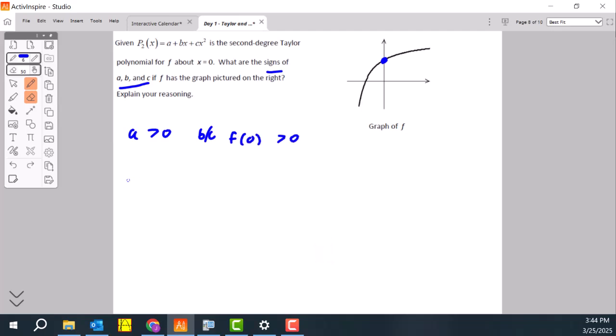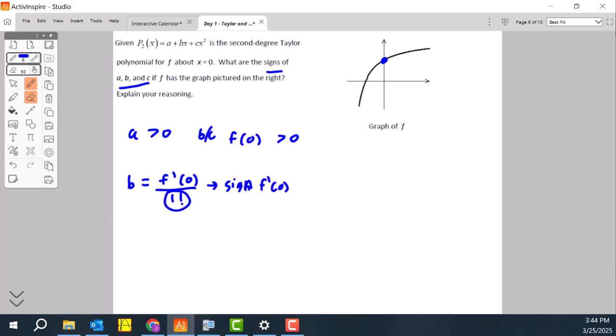All right, well, what about B? B, since it's in front of the x term, should be f prime of c, so f prime of 0, over 1 factorial. Now, 1 factorial is always positive, which means the sign of b is just going to be whatever the sign of f prime of 0 is.